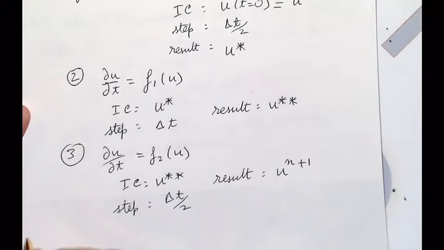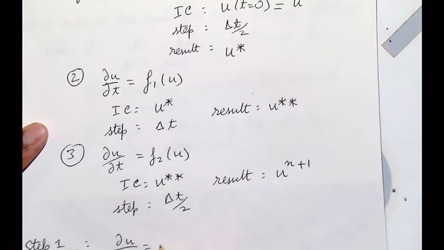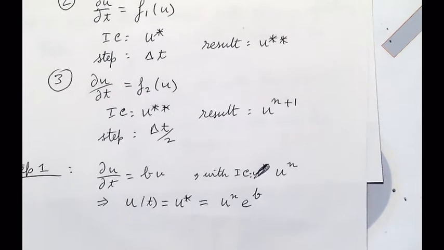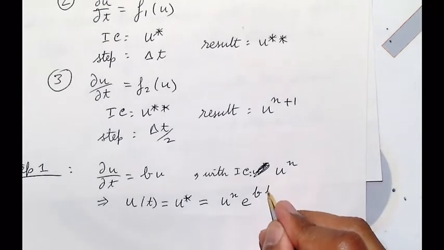Step 1 is ∂U/∂t equals BU, which implies, with initial condition U^n, that the intermediate solution, which we call U star, is U^n e to the B Δt over 2, right?